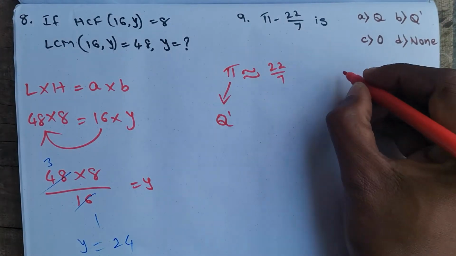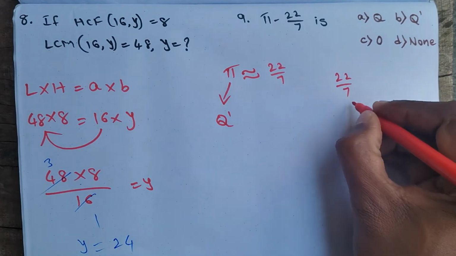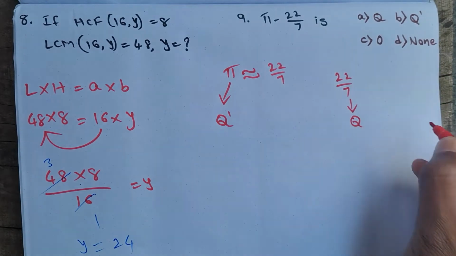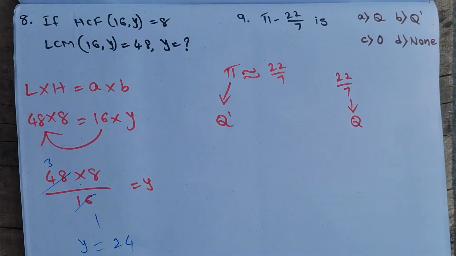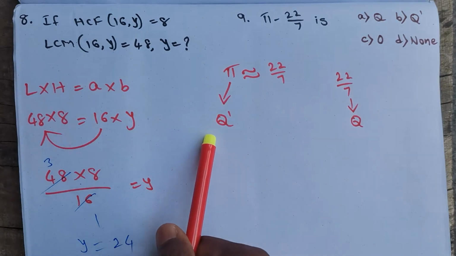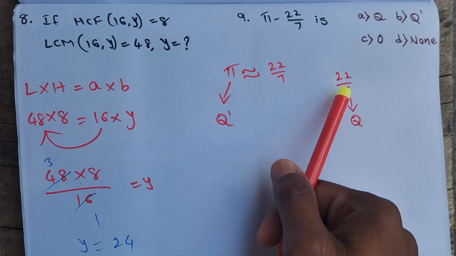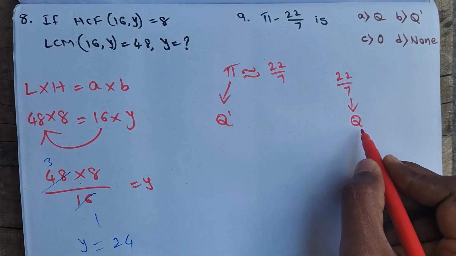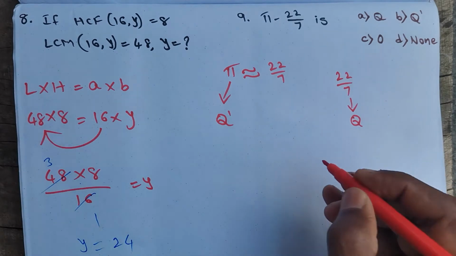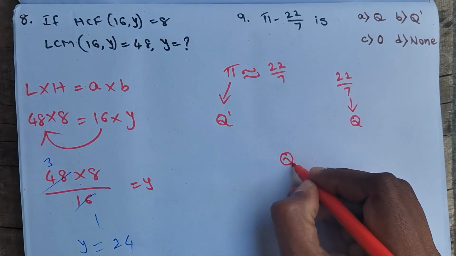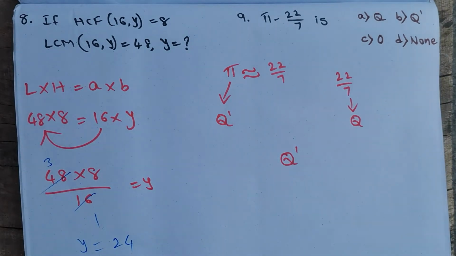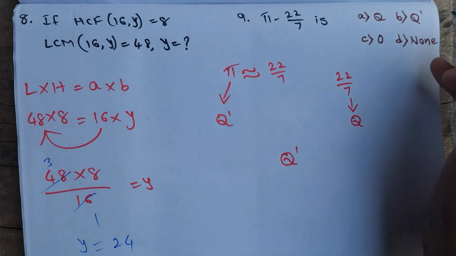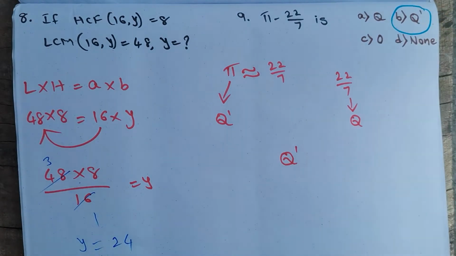Here 22 by 7 is a rational number because it is in the form of p by q, where p and q both are integers. Pi is an irrational number and 22 by 7 is a rational number. From an irrational number, it is not possible to remove a rational number. So that's why this value is always irrational. So option B is the correct one.